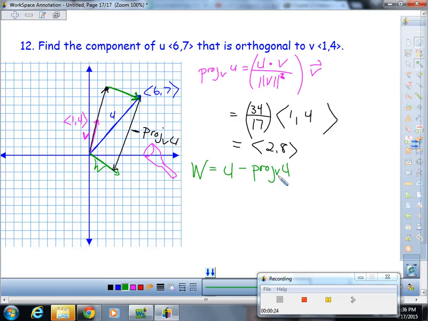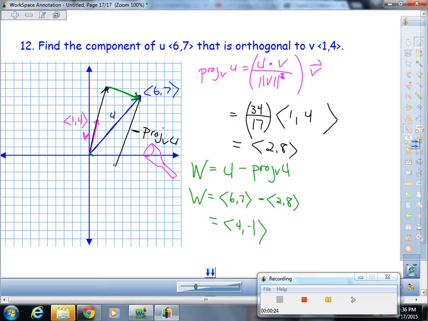So our answer for W is simply going to be (6, 7) minus (2, 8), and that is (4, -1). And check that out.